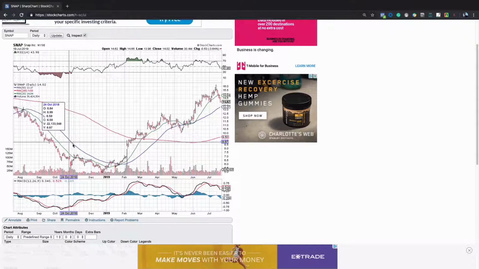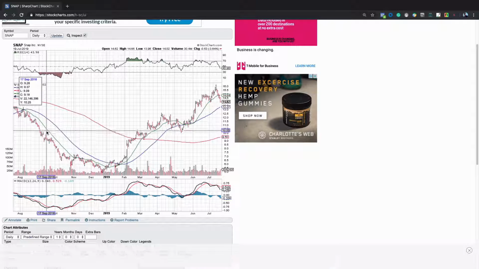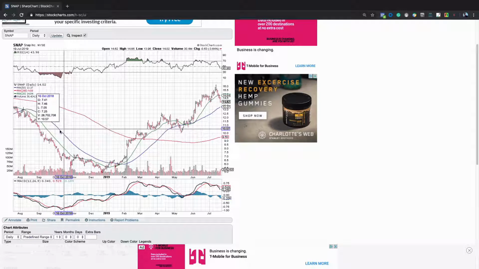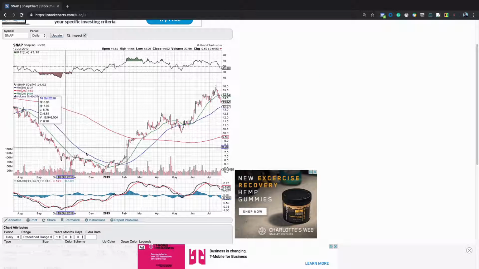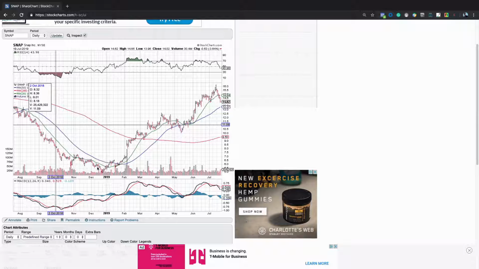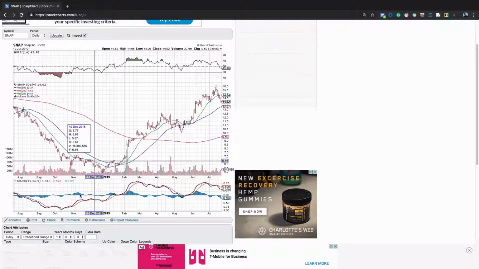Back when I bought it, the 20-day, the 50-day, and the 200-day were above the trend, indicating a downtrend. So that happened.